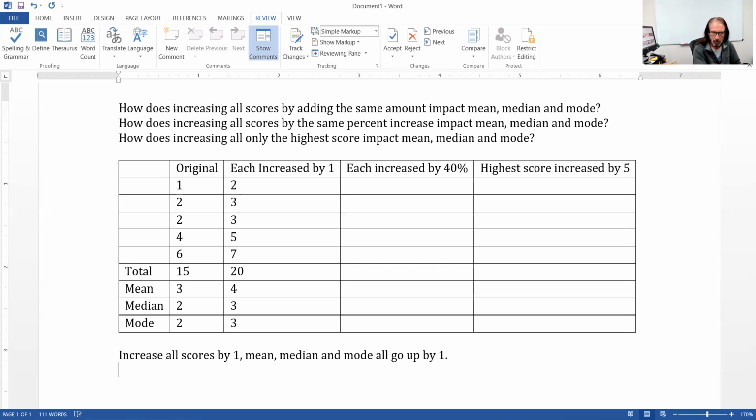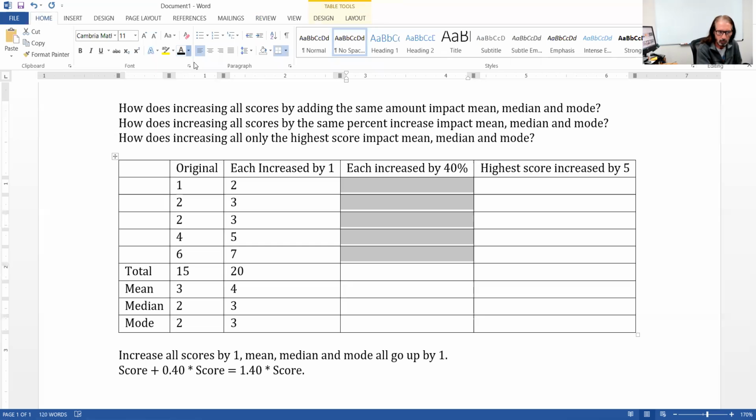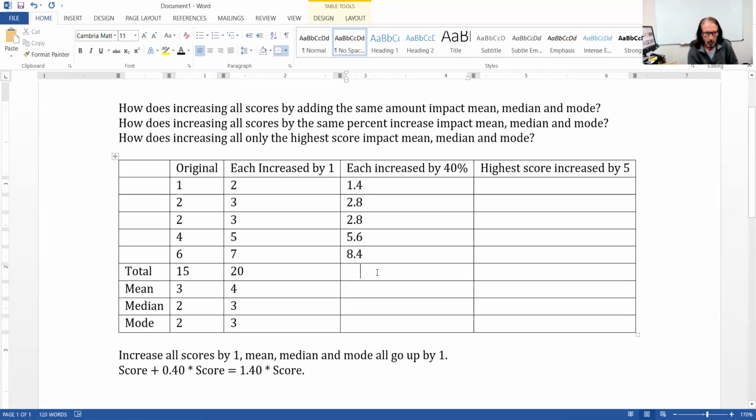Now, increasing each score by 40%, 40% is 0.40. So we would take 0.40 of the score and add it to the original score. If you combine those like terms, that's the same as multiplying them all by 1.4. So our 5 new scores are going to be as follows. Give you a moment if you'd like to check that.